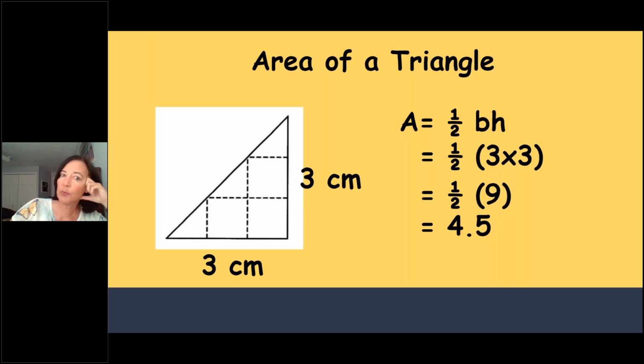Again, the answer to this problem is not just 4.5. If someone were to ask you the area of the triangle, this time they told us what the units were, so we don't get to just call it units. We're going to say it's 4.5 centimeters squared.